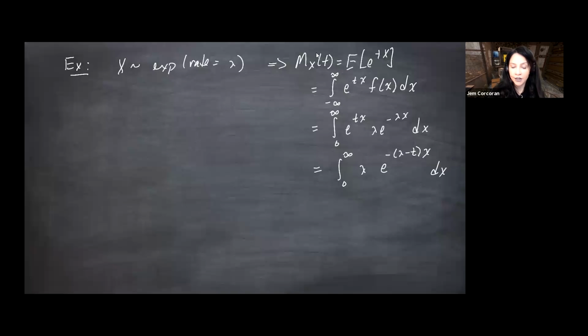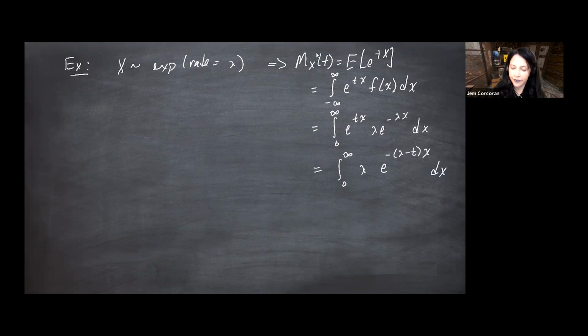And that's starting to look like a new exponential with parameter lambda minus t. But the parameter for the exponential has to be greater than 0. Equivalently, if you weren't thinking about PDFs, if this lambda minus t were less than 0, then this negative lambda minus t is going to be greater than 0, and this whole thing is going to blow up.